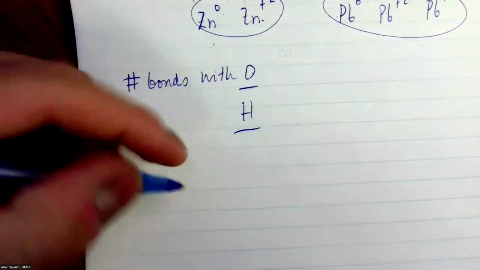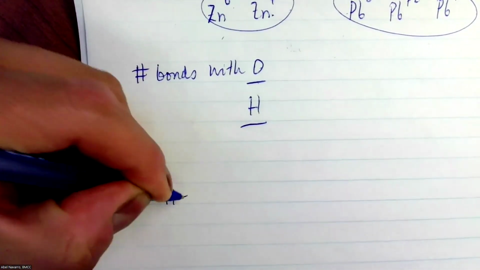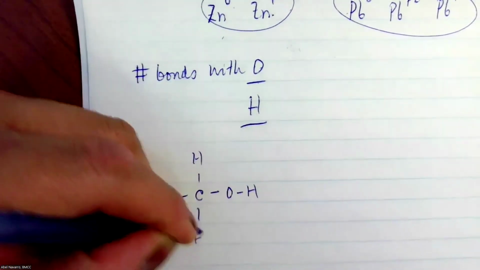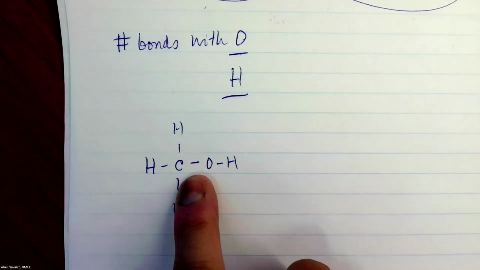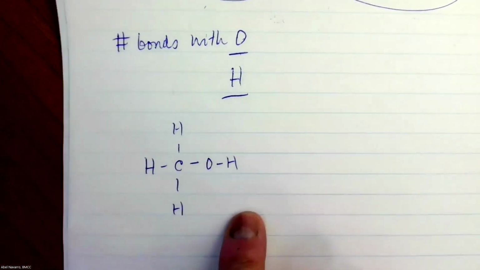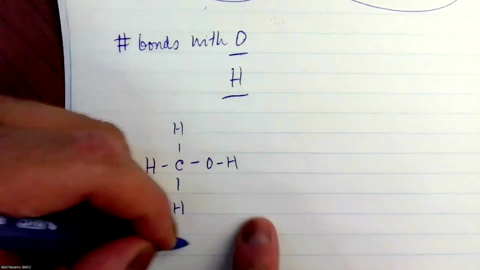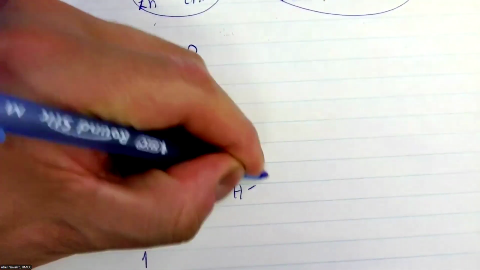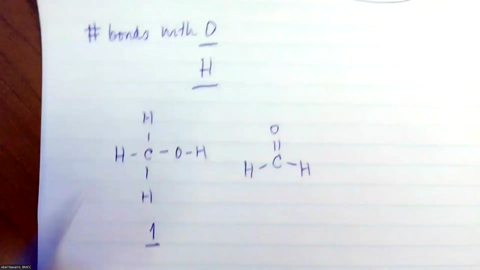So you tell me, for example, methanol. How many C-O bonds does methanol have? Methanol has one. What about acetaldehyde?